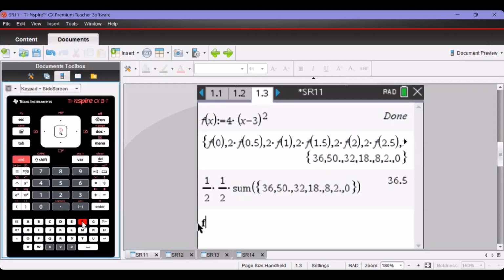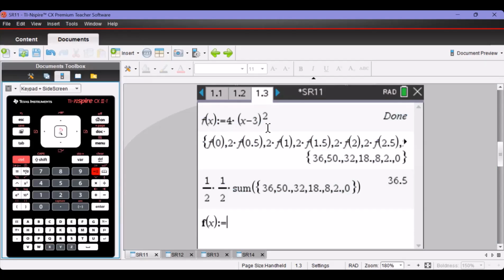The assign command is small, in red, and above the symbols template key. If you press Control, symbols template, that will give you access to the assign command, and then you enter 4 times (x minus 3) all squared as shown up the top there, and then press enter.